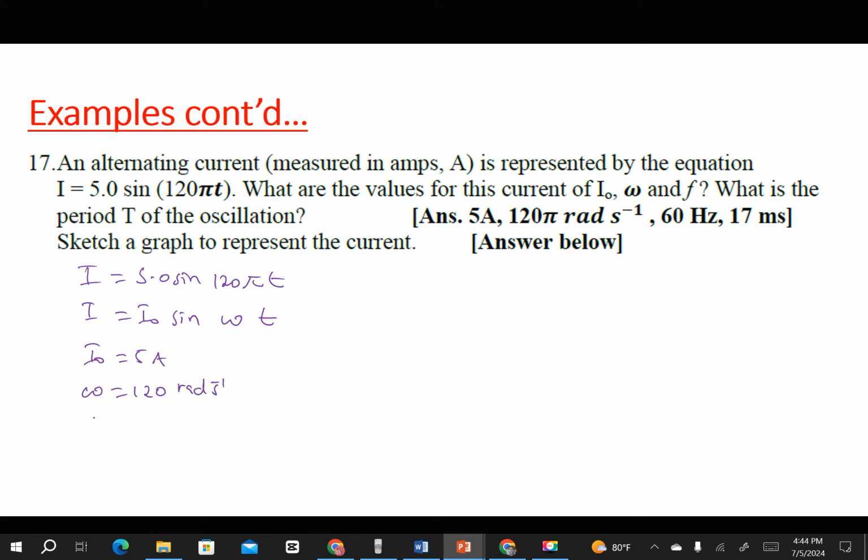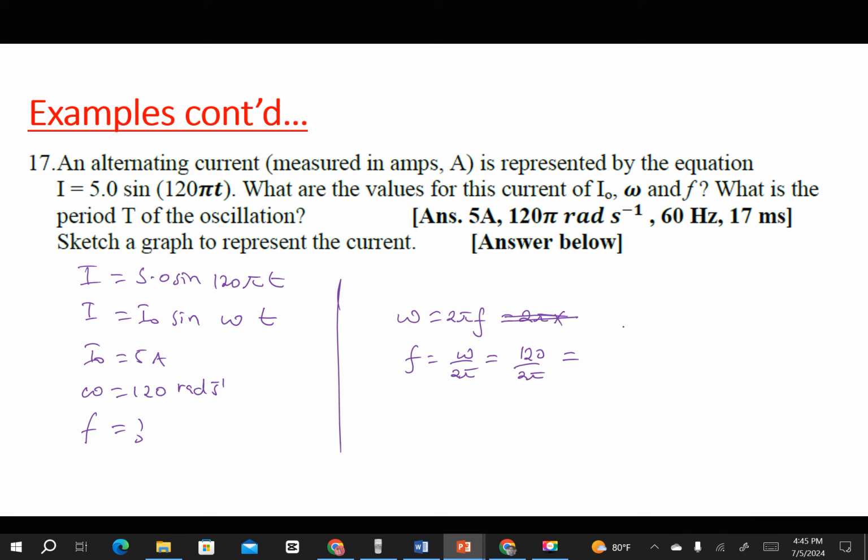Then what else? f, frequency. We know that omega is equal to 2 pi over T, which is 2 pi f. So f is going to be equal to omega divided by 2 pi, which is 120 pi divided by 2 pi.